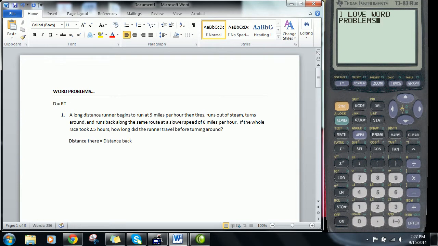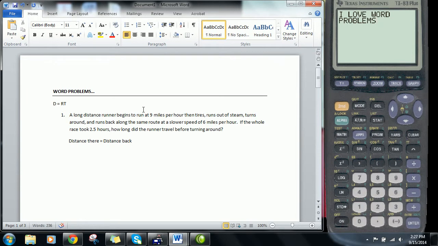Now in the context of this problem, as we have been doing, how do you rewrite, how do you get more particular if we talk about distance? Well, distance is rate times time, and we have some information about the rates, 9 miles per hour, 6 miles per hour, and we have some information about time, the total time. So the distance there, I'm just going to replace that with rate times time.